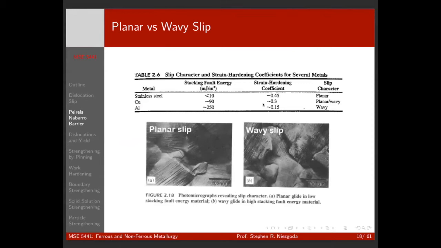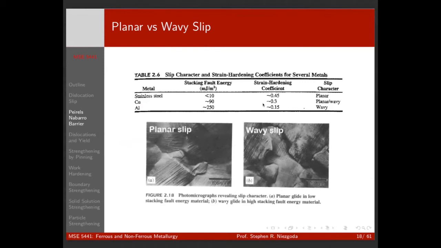So because it has edge character, what's the primary difference between edges and screws in terms of mobilities? Cross slip. Screws can easily cross slip. Edges have to climb to change planes, right? So when you have partials, they can't easily cross slip. They have to come back together to form a perfect dislocation to be able to cross slip.